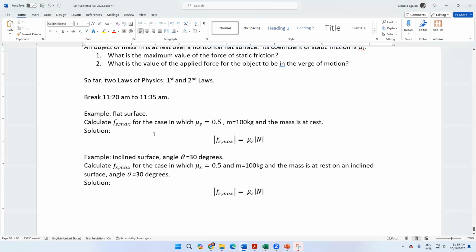For the maximum value, for the case of a flat surface, we already know that the normal is equal to the weight of the object, which by the way is mg. Mu sub s is half.